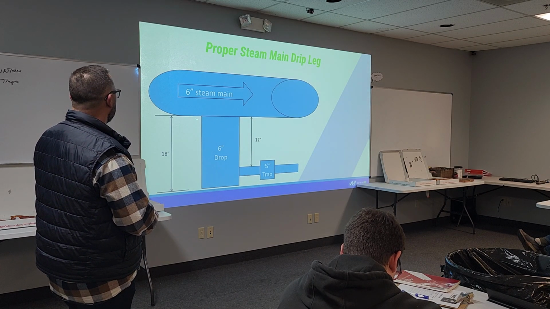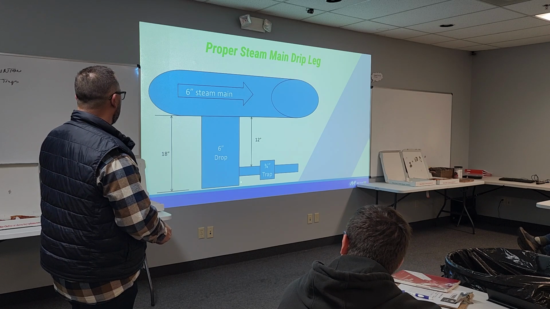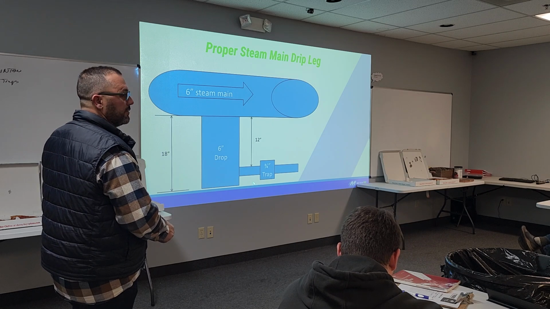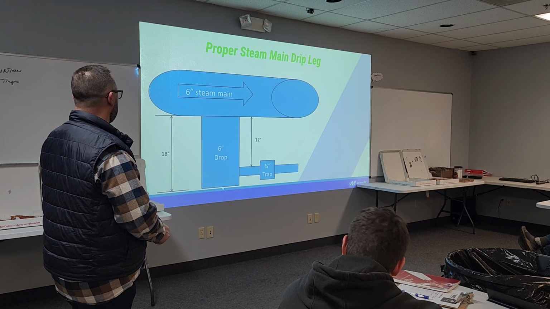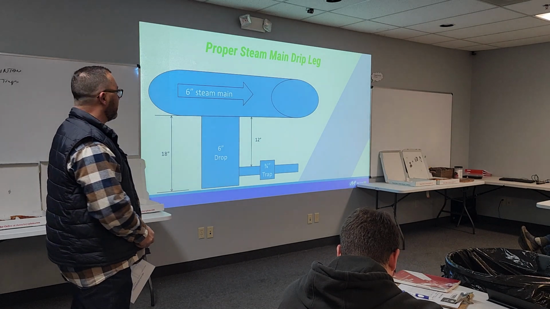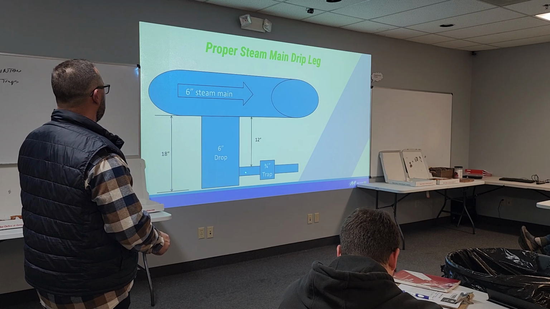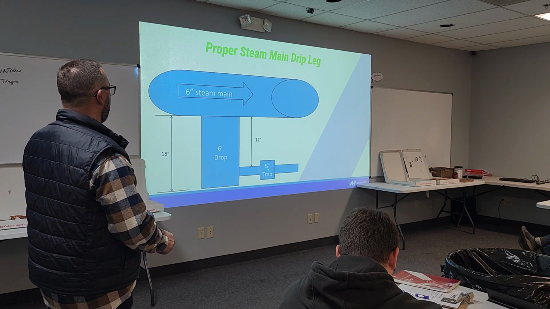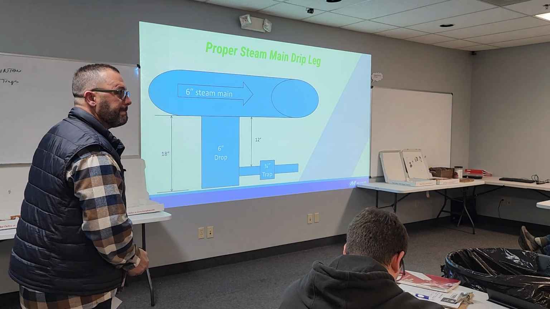We like this measurement right here, about 18 inches. And then we want to come up about 4, 5, 6 inches. That gives a spot for dirt and debris to collect here. If you're really slick, you're going to stick a ball valve here so that you can blow that dirt leg down, hopefully once a year. Again, a good piping practice is strainer before that trap and then a check valve right after that.